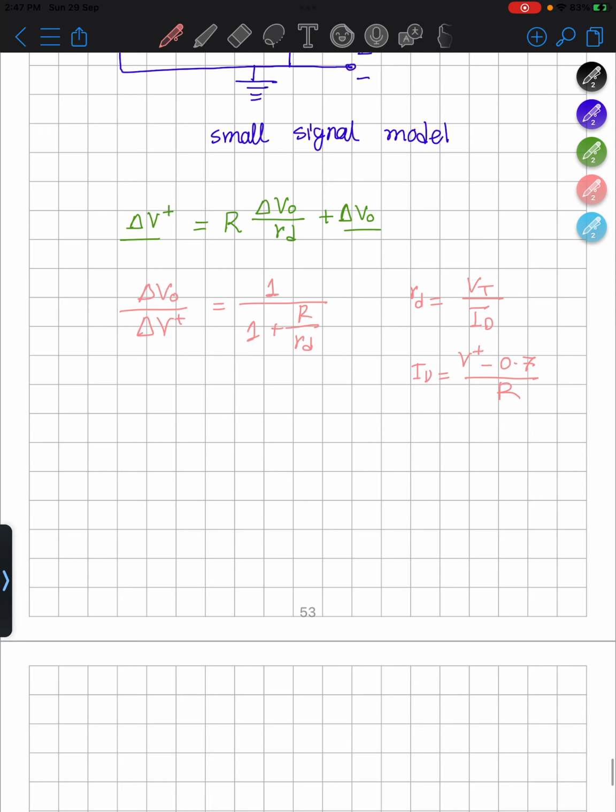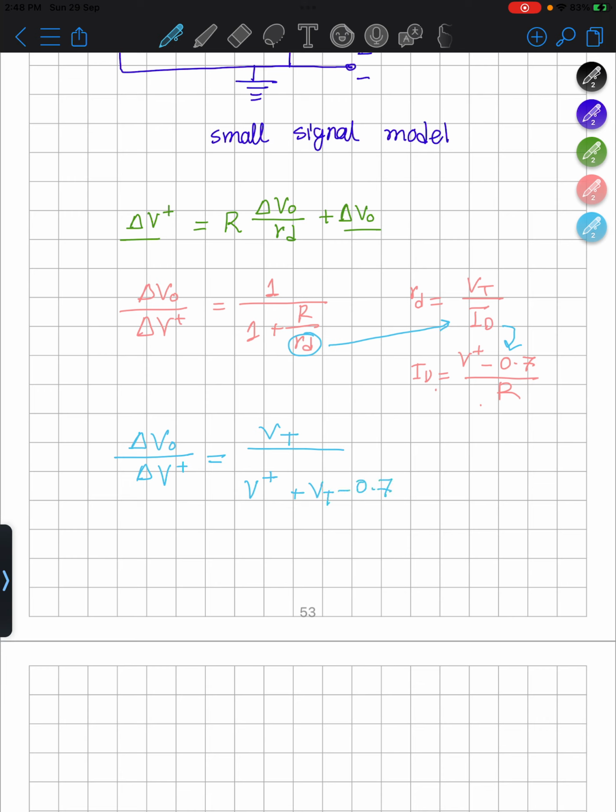So from here we can replace the ID with this part, and then we can substitute RD is equal to VT over ID. We can substitute this part with this thing and then this part with this thing, and if we do that we will get our final equation as del V naught over del V plus is equal to the V thermal voltage over V plus V thermal voltage minus 0.7.